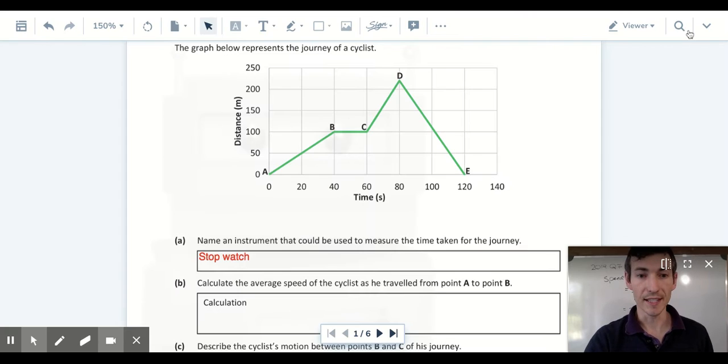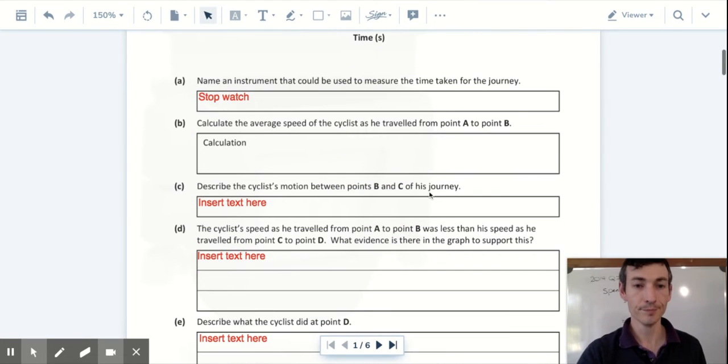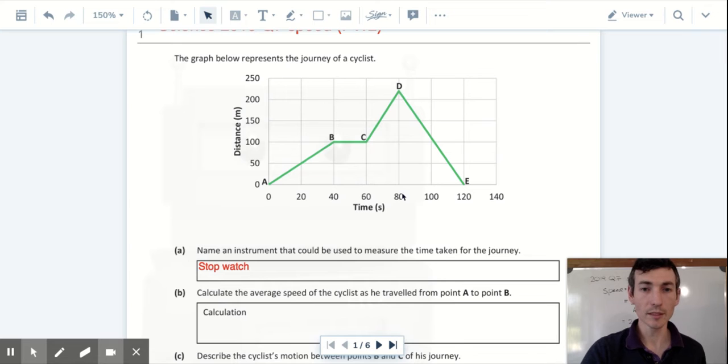Now, next part of the question. So we've done the calculation. Describe the cyclist's motion between points B and C of his journey. What was the cyclist doing between point B and C? At that point, it was 40 seconds to 60 seconds. Time is still going by, but the cyclist is staying, look here, at 100 meters. The cyclist isn't moving.